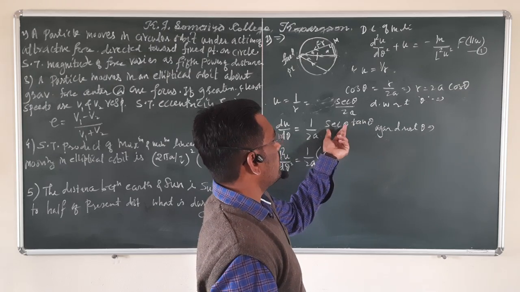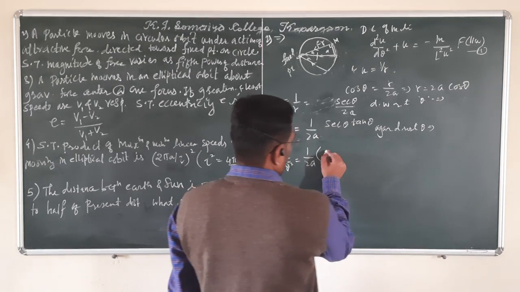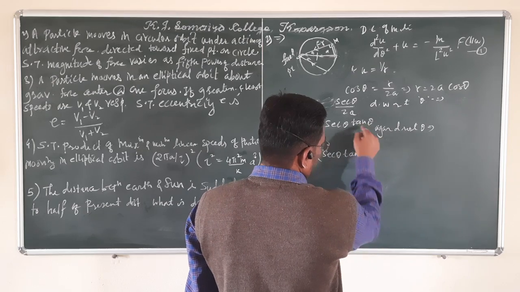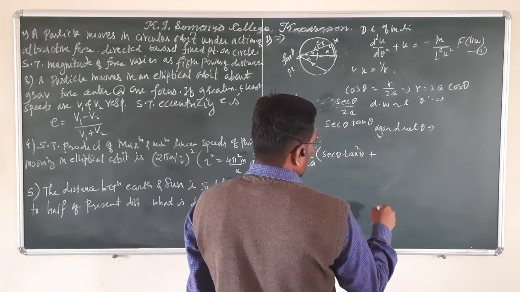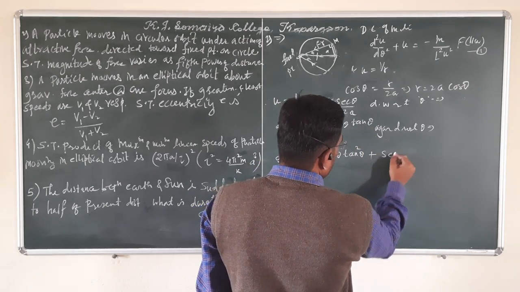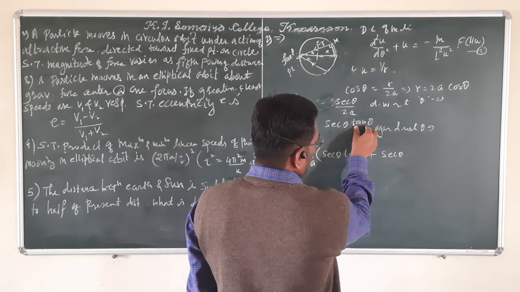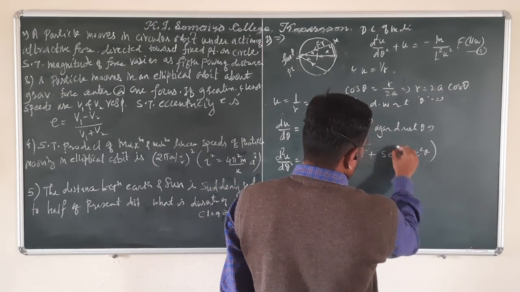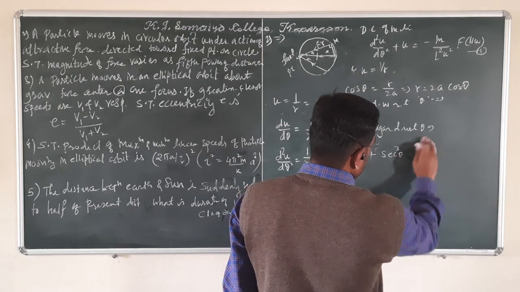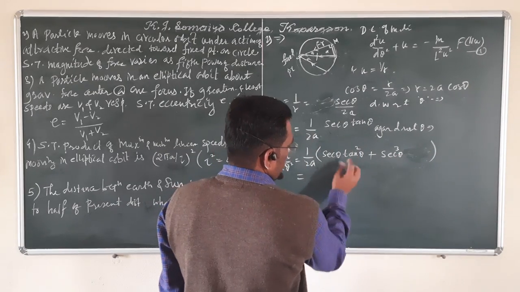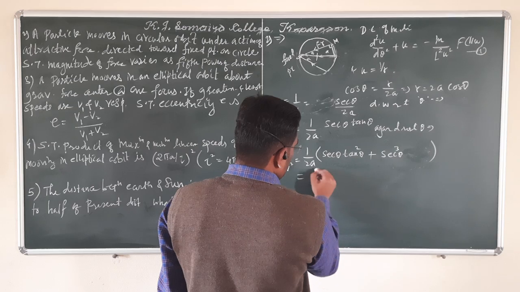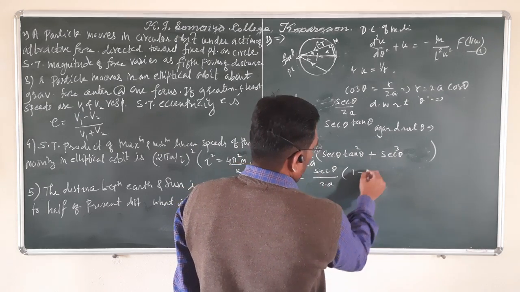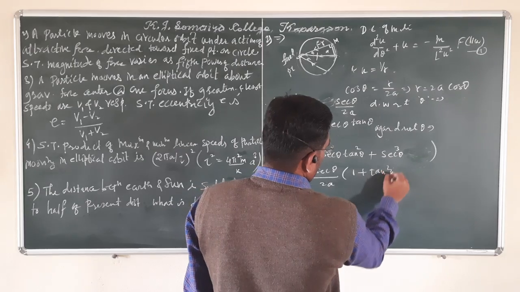So first of all, the derivative of sec θ is sec θ tan θ, multiplied by tan θ, so that will become tan² θ, plus sec θ into the derivative of tan θ, which is sec² θ, so that will become sec³ θ. So you can take sec θ common from this: sec θ divided by 2a in bracket 1 plus tan² θ.